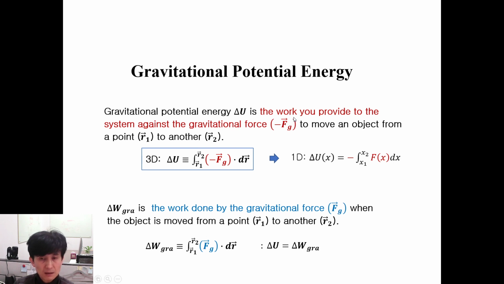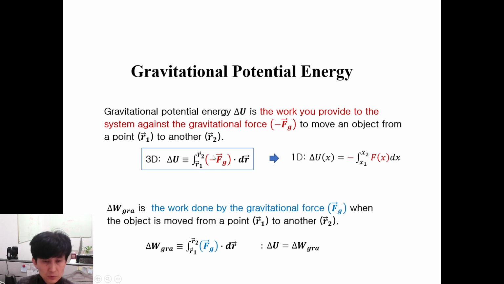That means to overcome a gravitational force, Fg, you should provide minus Fg. So this is quite an important point. To move an object from one point to the other, delta U is defined as the integral of minus F gravitational force and the distance you move from one point to the other.